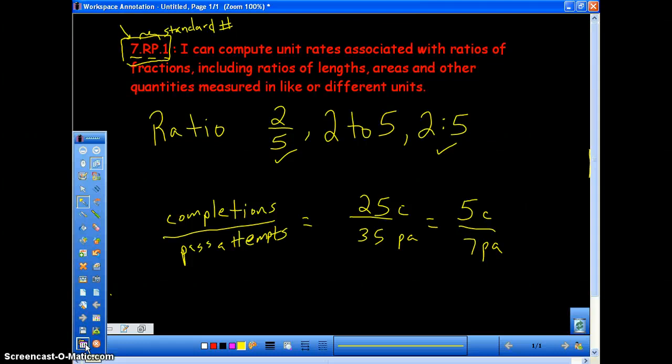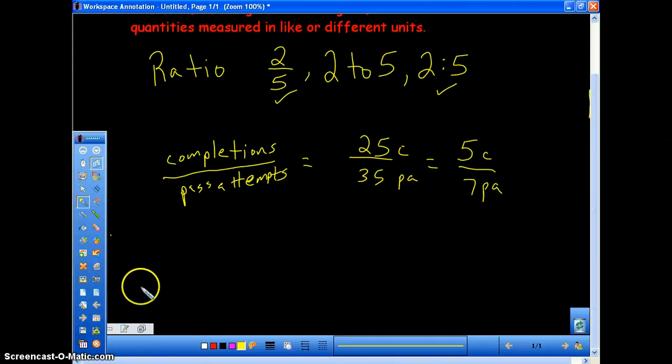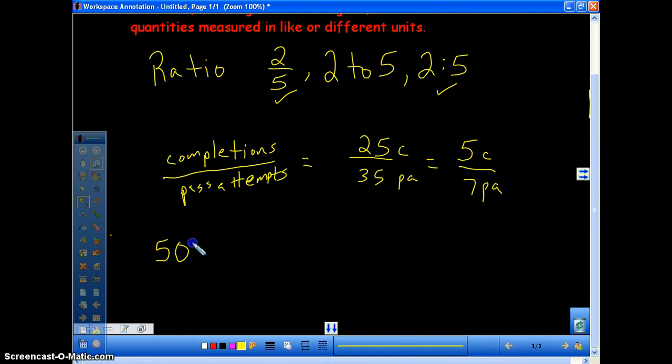The next piece is what exactly is a unit rate. And I think to go over this one, I'm going to use an example that most of us are probably fairly familiar with. And that is talking about speed. How fast does somebody travel or does somebody go? So to use that, I'm going to write a ratio, and that ratio is going to be 500 miles in 8 hours.